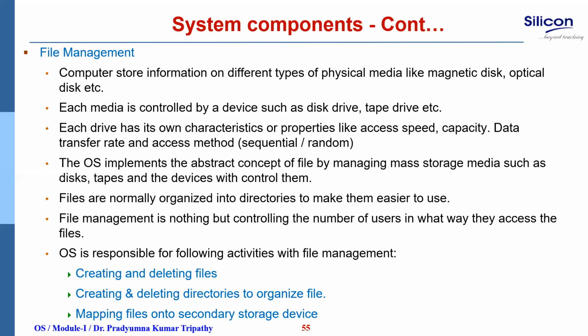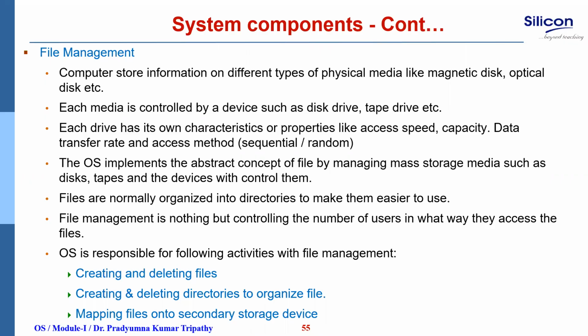The operating system implements the abstract concept of file by managing mass storage media such as disks, tapes and the devices that control them. So what does the operating system do? It implements the abstract concept of file by managing the mass storage media, that is, how these files can be implemented on these disks, tapes and devices and how to control them.